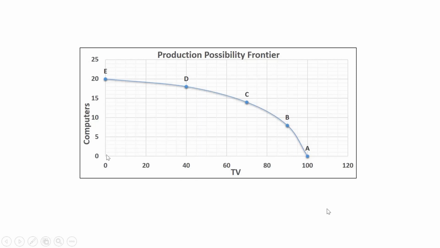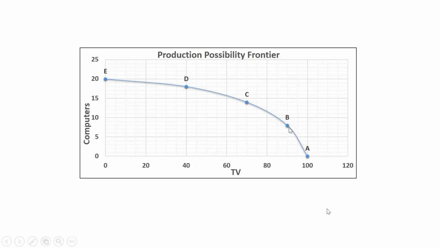And to do that, we are not going to produce any computers. Now, when we decide to move to point B, that means that we want to produce 8 units of computers. By so doing, we have to give up 10 units of TV sets to produce 90 units of TV sets.